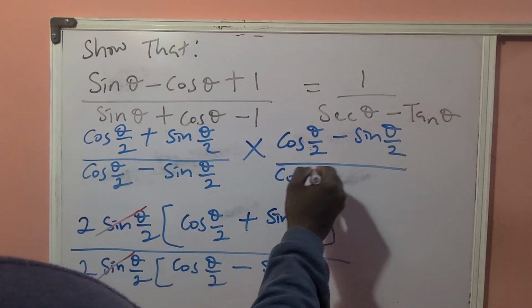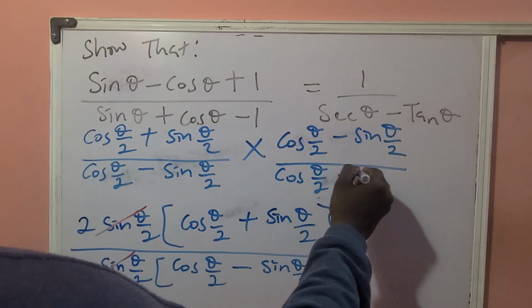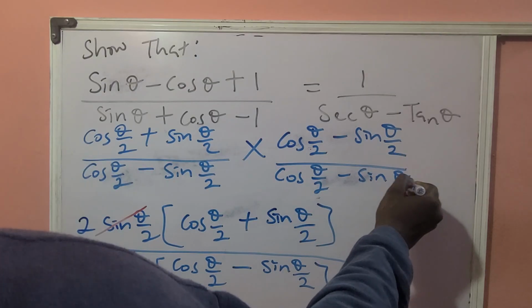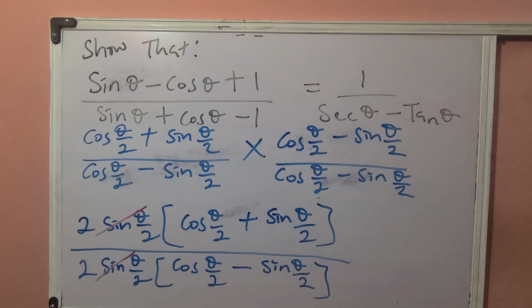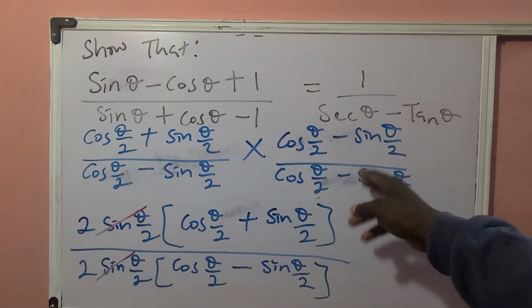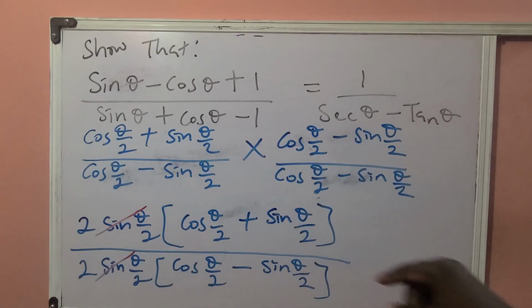That was why I said we're multiplying by 1, because we are just writing the same thing. We just want to change the form. Essentially we are multiplying by 1, because this over this is 1, but we want to change this form. We want to use this to help us with our equation.